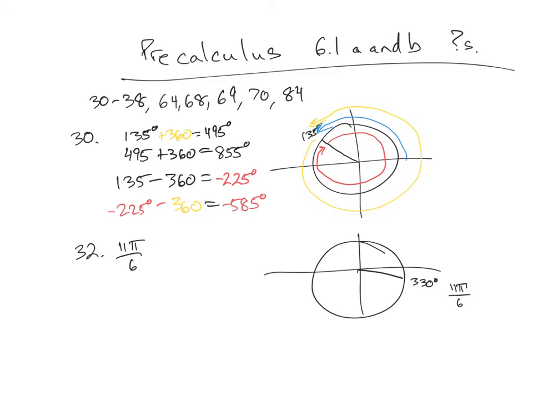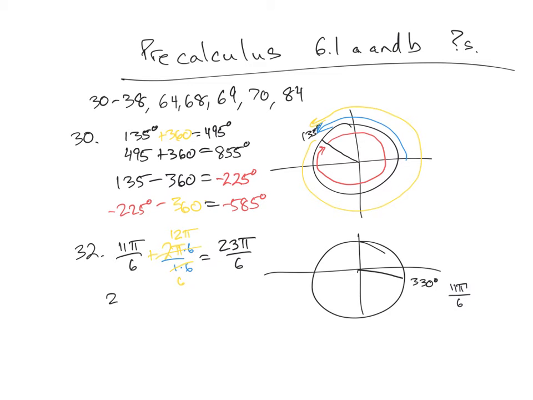So just like up above on number 30, we're going to add 360 degrees, except we're going to leave it in terms of pi. And 360 degrees is the same as 2 pi. Now we need to get a common denominator, so we multiply by 6, and we get 12 pi over 6 plus 11 pi over 6, and that gives us 23 pi over 6.